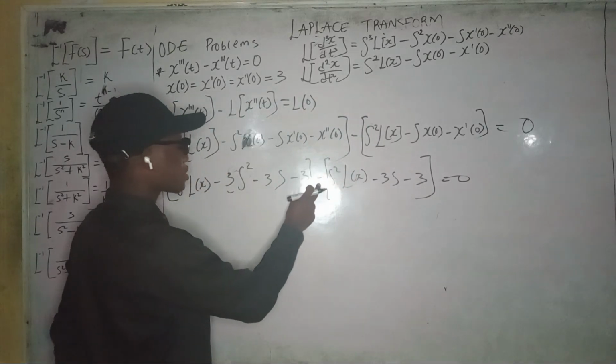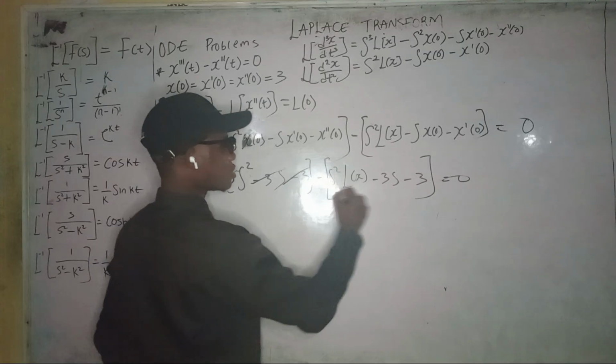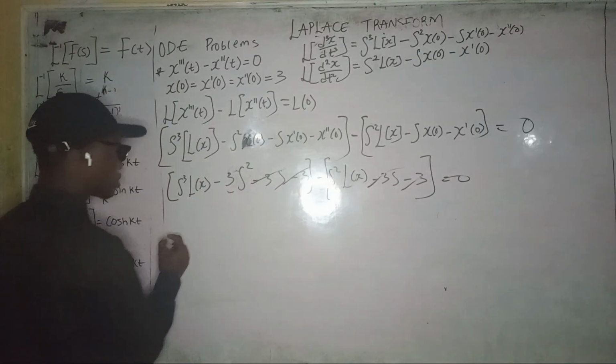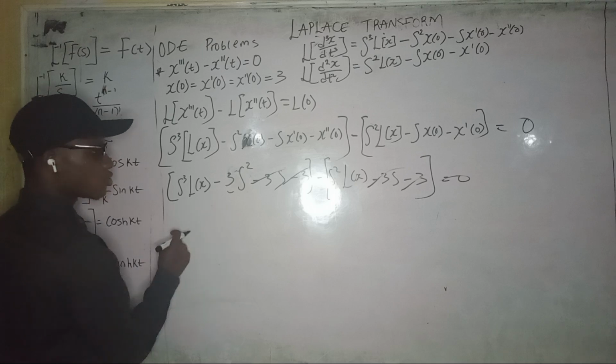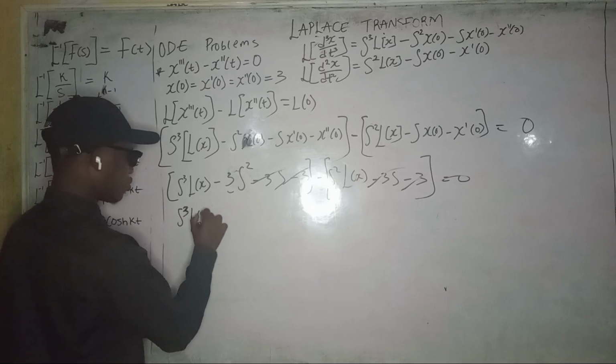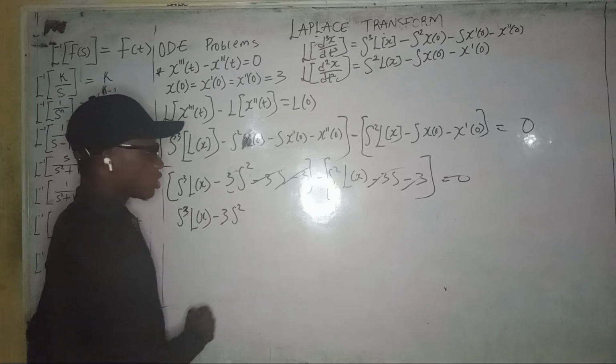Now, due to this minus sign here, the minus 3s minus 3 cancels the other minus 3s minus 3. So that makes it much simpler. Therefore, we are going to have s cubed times the Laplace transform of x, minus 3s squared.